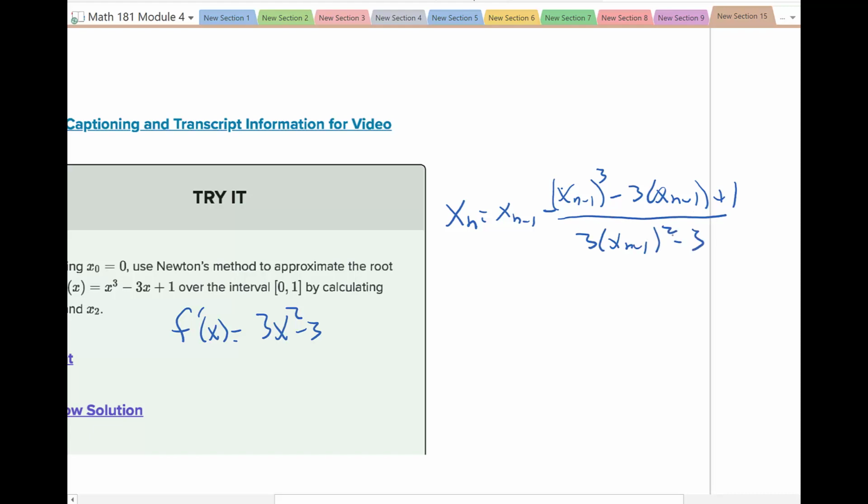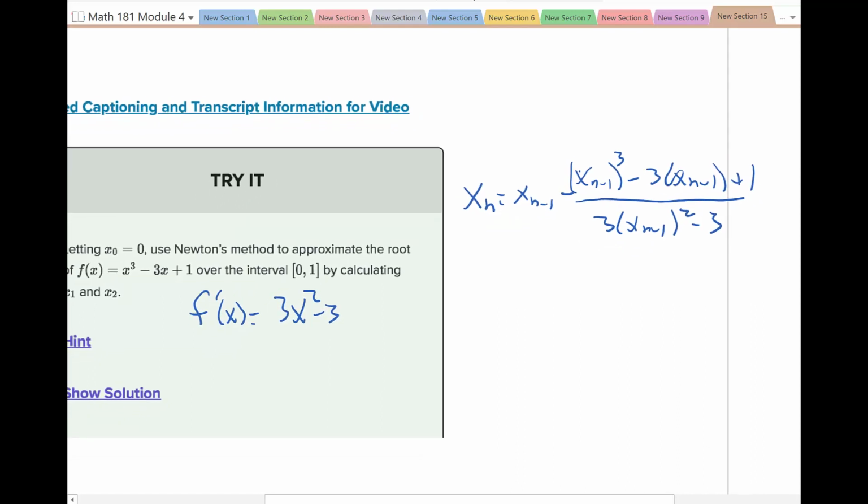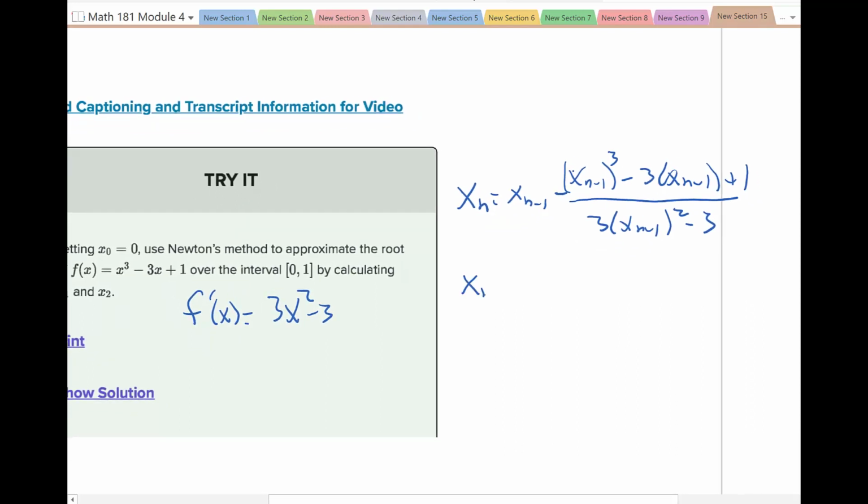Seems like it takes longer to write this formula out than to actually do the work. So our x1 starts with 0 for x sub 0, minus 0 cubed minus 3 times 0 plus 1 over 3 times 0 squared minus 3. So negative 1/3. Oh, double negative, so positive 1/3.